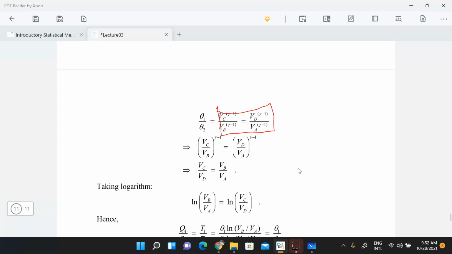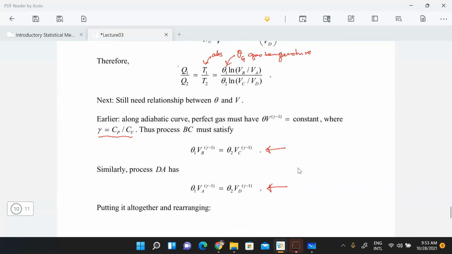Okay, and remember that we're still having these powers, but then you can actually show that the ratios in this case are already rearranged. The ratio of volume C to volume D is equal to volume B to volume A. That's almost done the job, but our equation over here involves a log, but that's no problem.